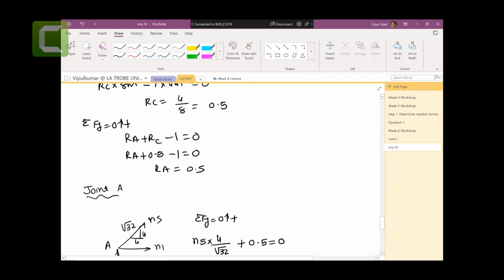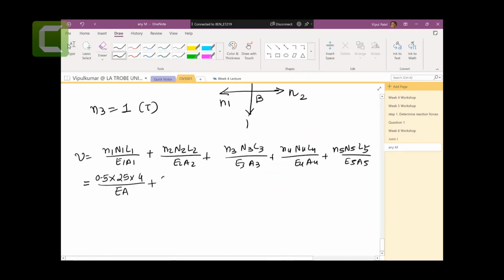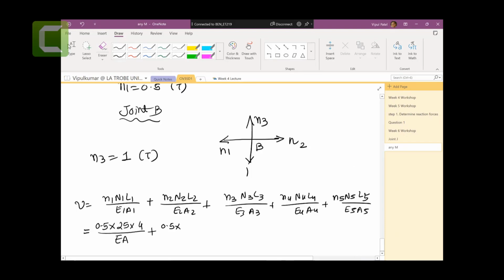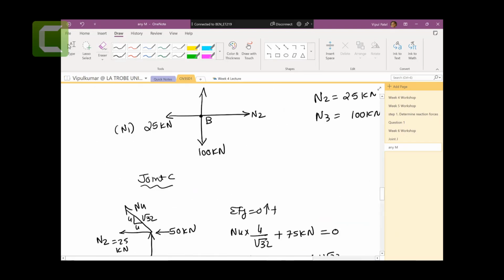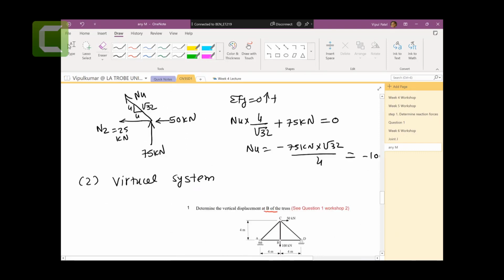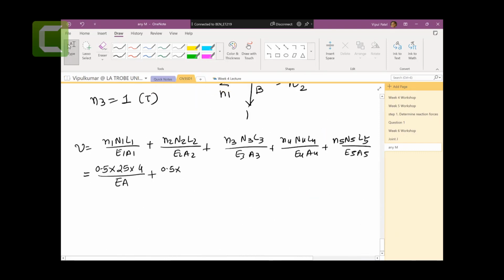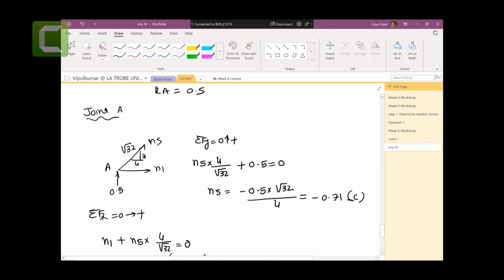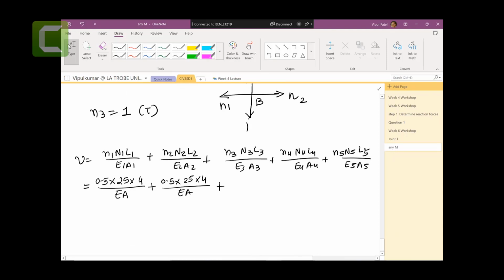N2, 0.5. Capital N2, 25. 4 meter over EA. Capital N3. If you get a different E and A value for each member in some of the assignments, then you need to put in the different EA values.